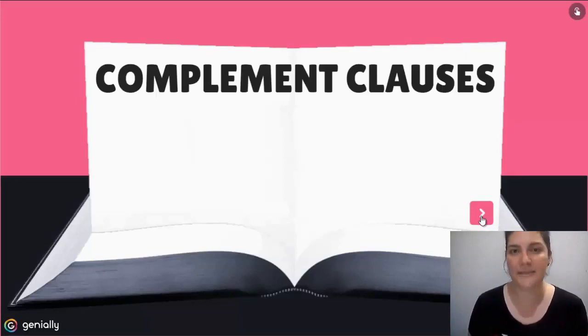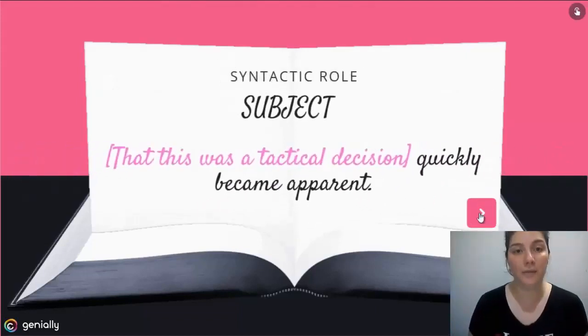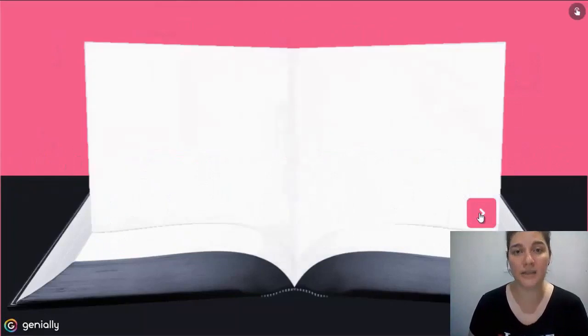Let's see some examples. In this first example, we can see a finite dependent clause which begins with a subordinator, that, being the subject of this clause. It's acting as the subject. The second syntactic role we'll see is that of the object.